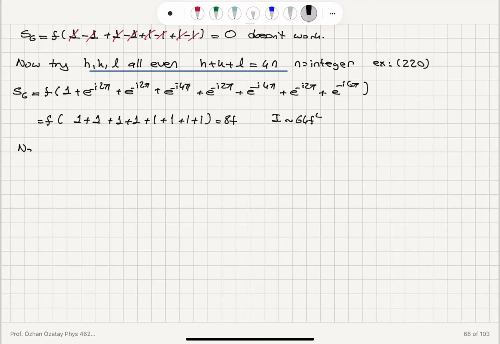So this basically tells us that H plus K plus L must be equal to 4 times N. This implies H over 2 plus K over 2 plus L over 2 is equal to 2N, which is even. So that's basically the same condition found in the lecture.